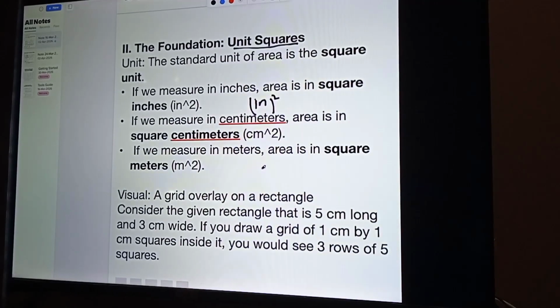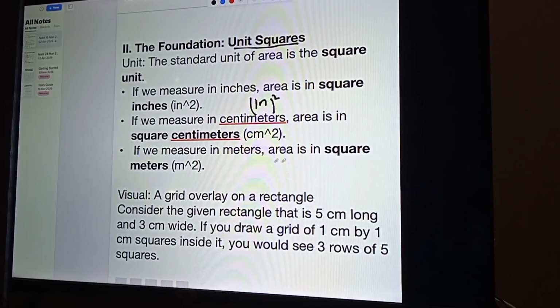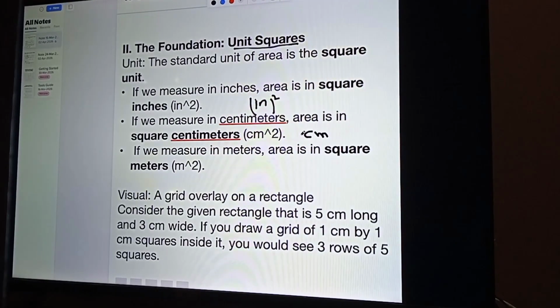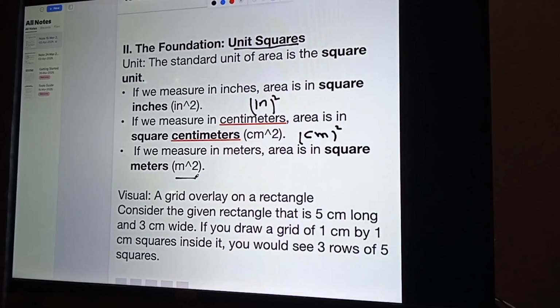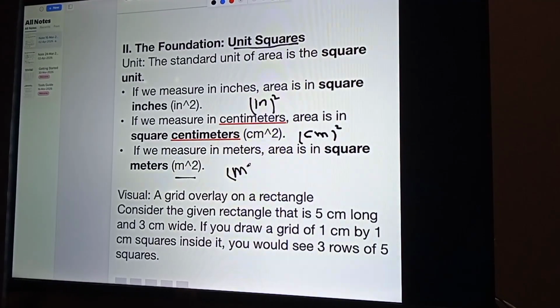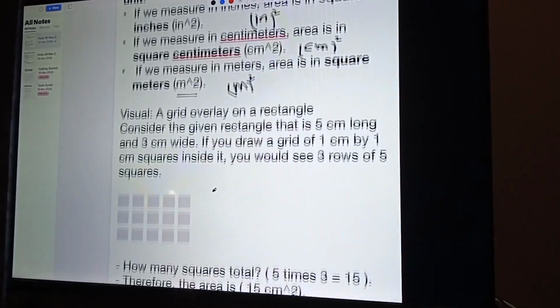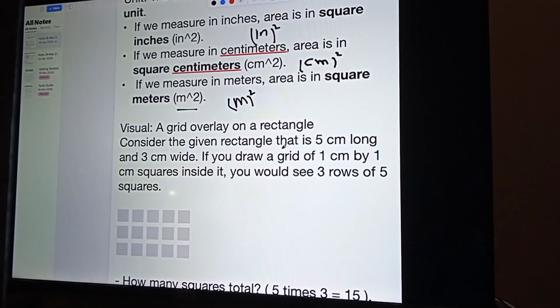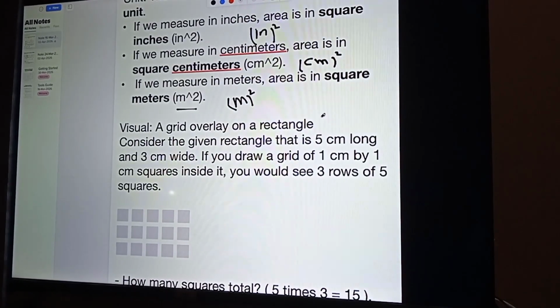If we measure a particular area in centimeters, then we call it the area in squared centimeter. Similarly, in meter, we can write the unit in squared meter. Now, how to calculate area?